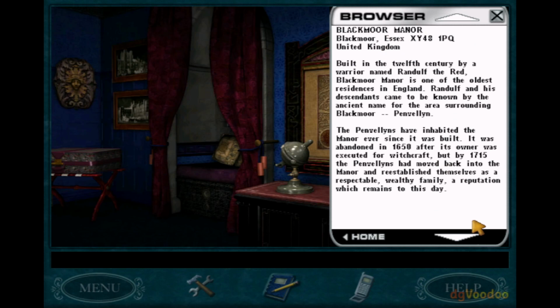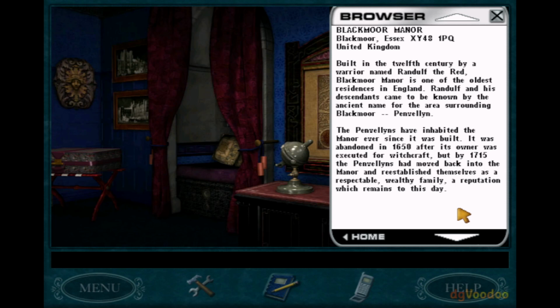Blackmoor Manor, Essex, United Kingdom. Built in the 12th century by a warrior named Randolph the Red, Blackmoor Manor is one of the oldest residences in England. Randolph and his descendants came to be known by the ancient name for the area surrounding Blackmoor, Penvellyn. The Penvellans have inhabited the manor ever since it was built.